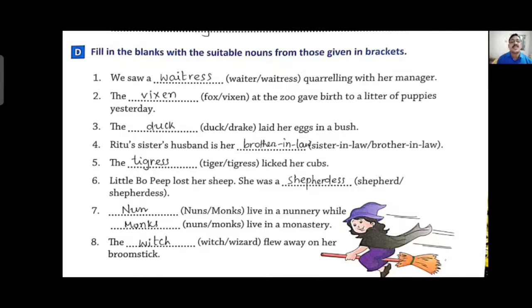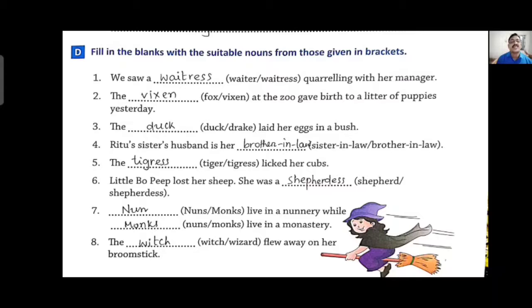Sixth one: little Bo Peep lost her sheep. She was a dash (shepherd or shepherdess). She means it is a female or girl, so shepherd is male, female is shepherdess. The answer will be: little Bo Peep lost her sheep, she was a shepherdess.